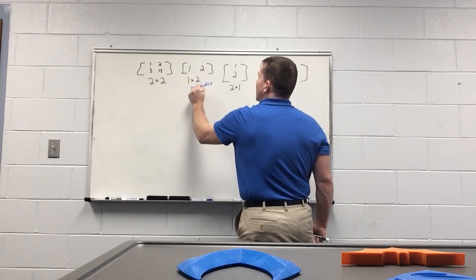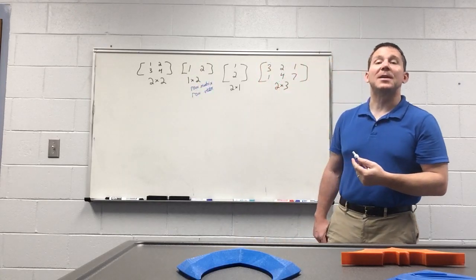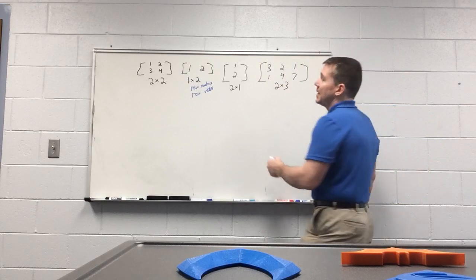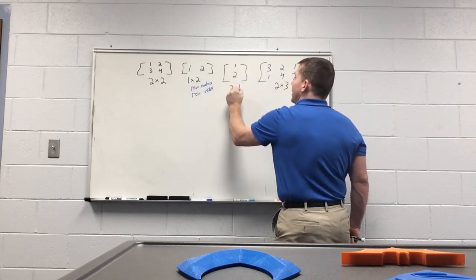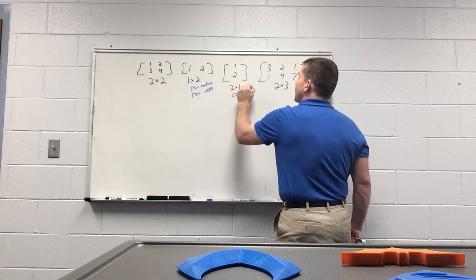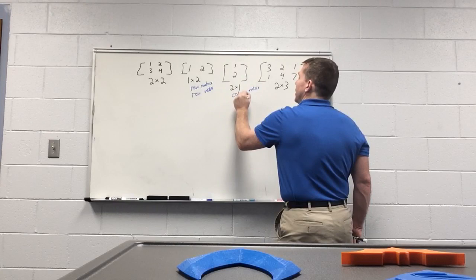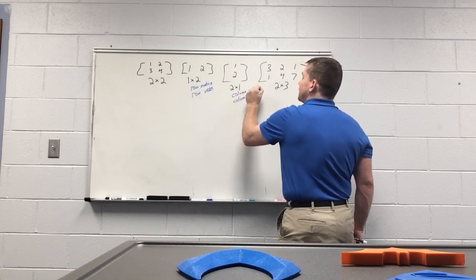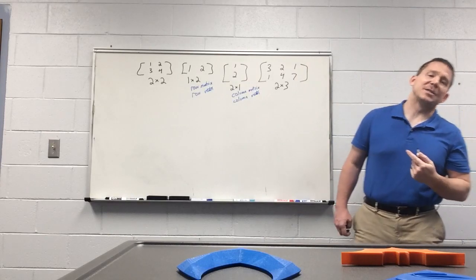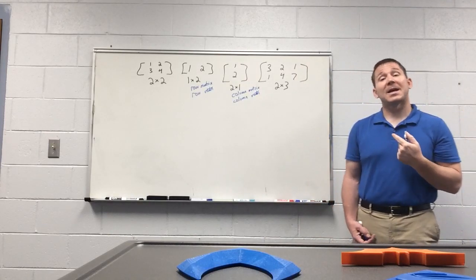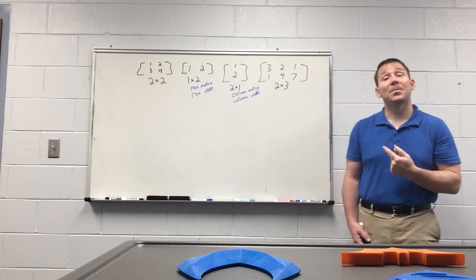Or a lot of times it's called a row vector, because it's really the same as a vector. Same idea here, where you have multiple rows and 1 column. This is called a column matrix, or a column vector. So just a little bit of terminology, but we need to know that in order to mess around with what we want to mess around with as far as operations go.